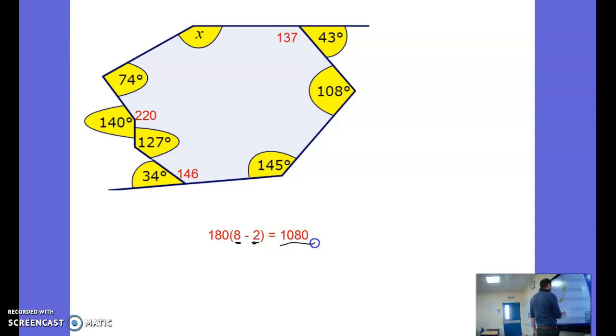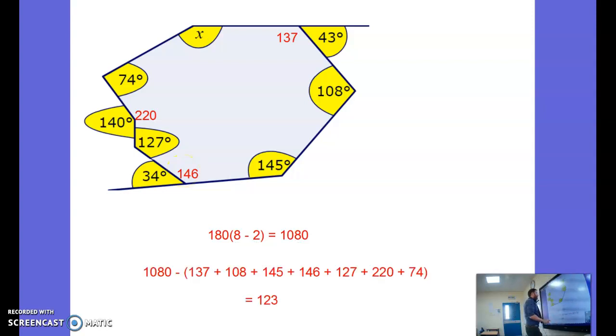And there is my sum of the interior angles. All of these interior angles add up to 1080 degrees. So now I do 1080, take away this, take away this, take away this, take away this, take away this, take away this, take away this, and I'll be left with x. And when I do that, I end up with 123 degrees.